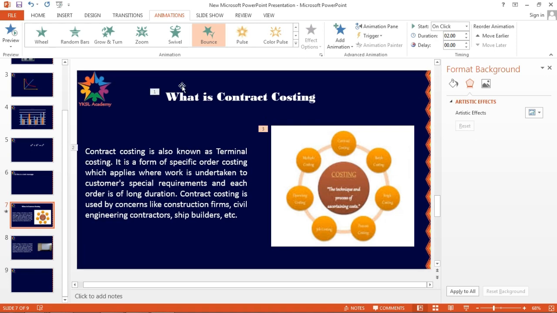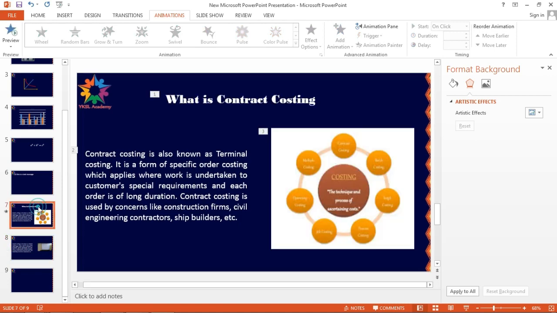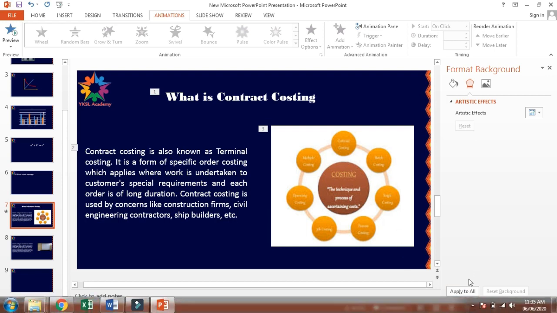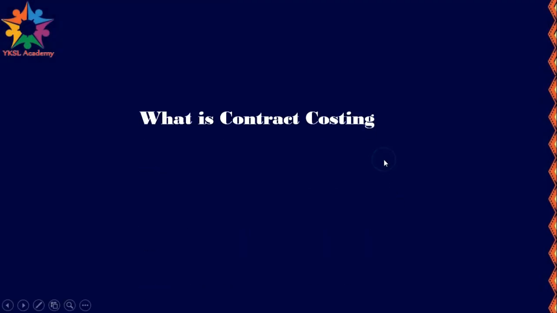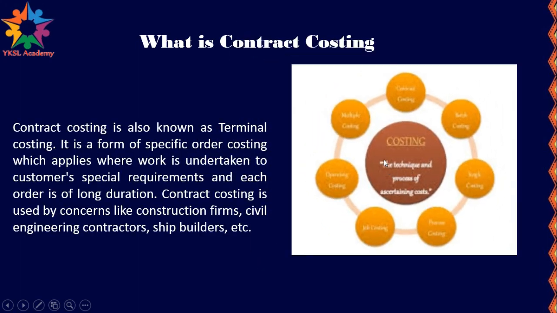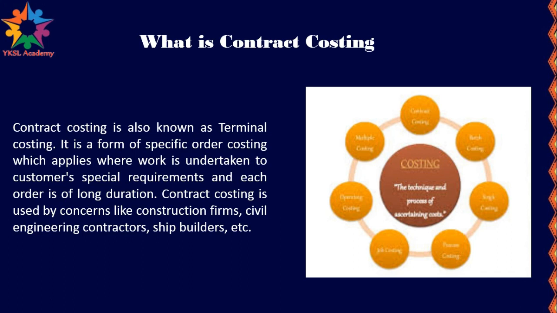I'm just applying some animations on this page alone. So it will not apply to the other pages. This will apply to only this page, and to this heading, content, and this picture. So let's look at how it applies. Right. So when you click, it automatically comes.